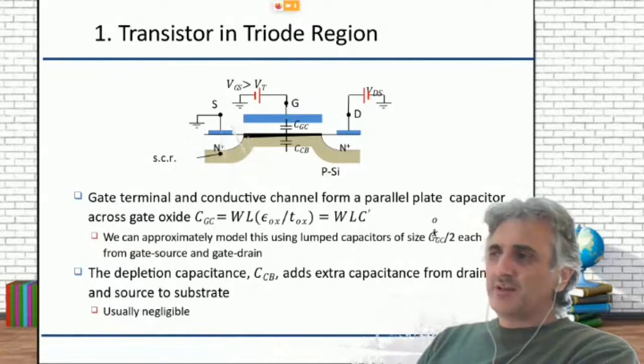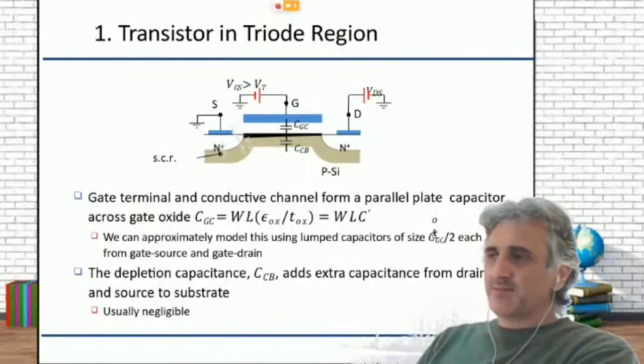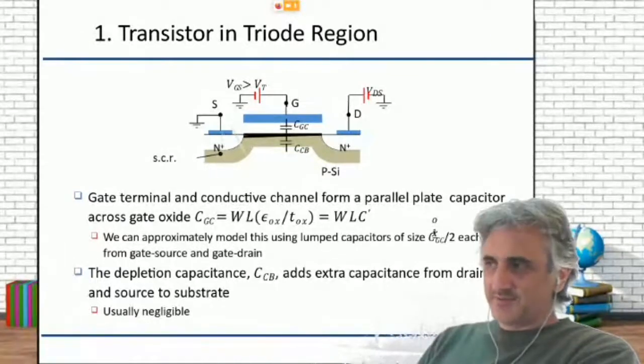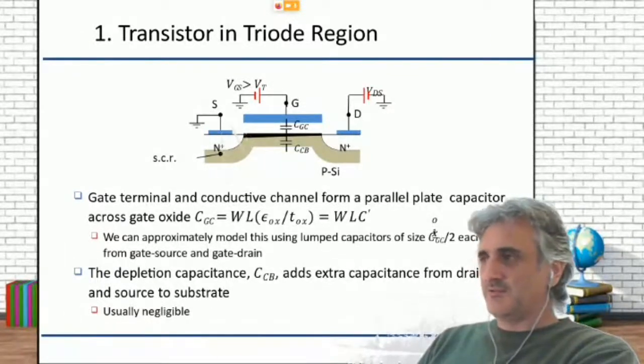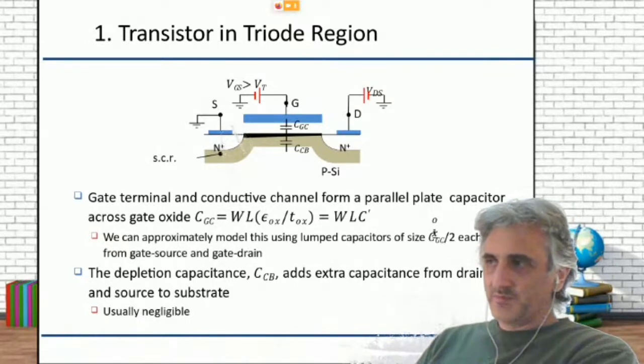We can more or less approximate this capacitance using two lumped capacitors of 1/2 each. One half goes from the gate to the source, and the other from the gate to the drain.